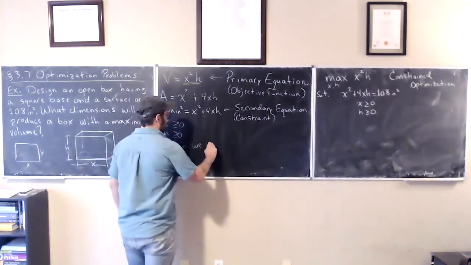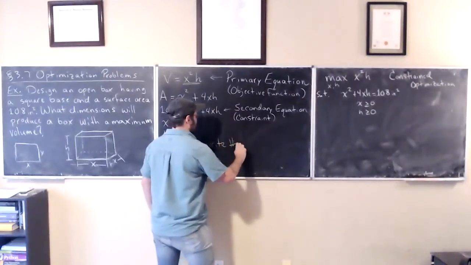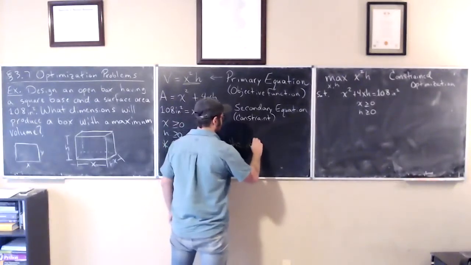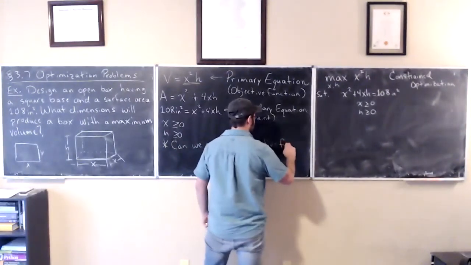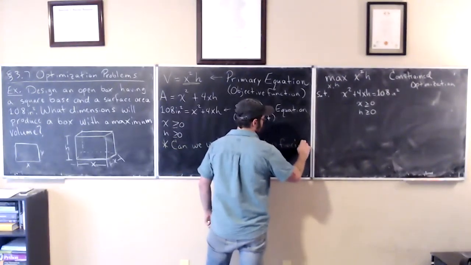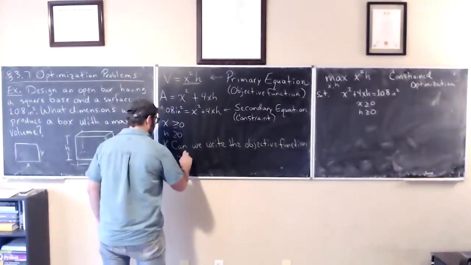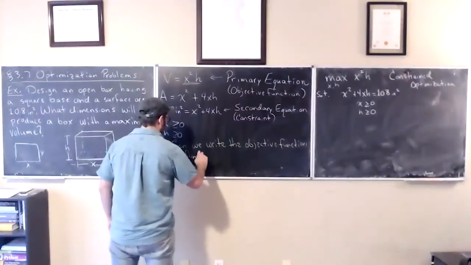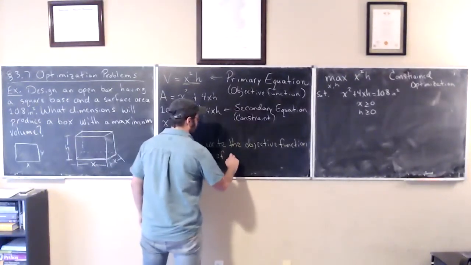Can we write the objective function as a function of one variable?